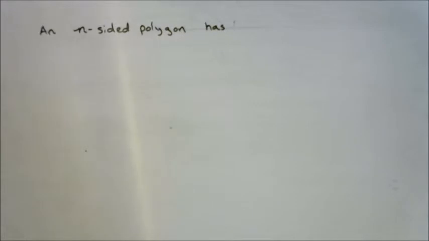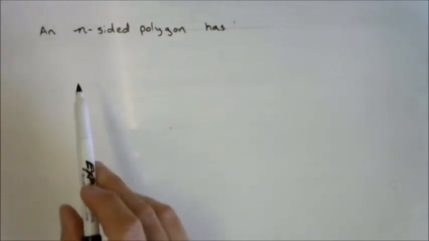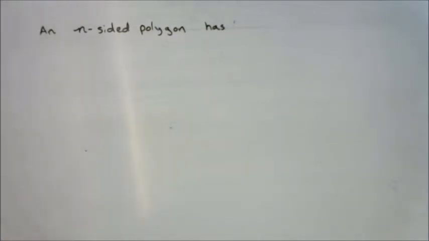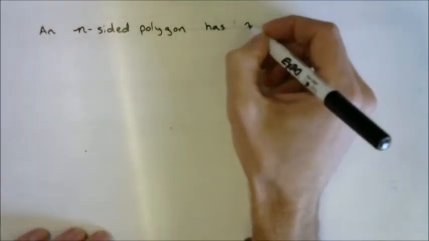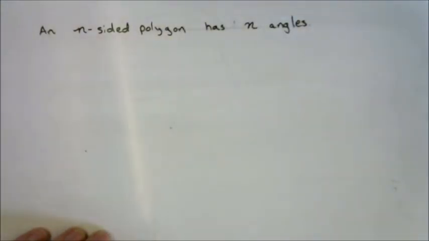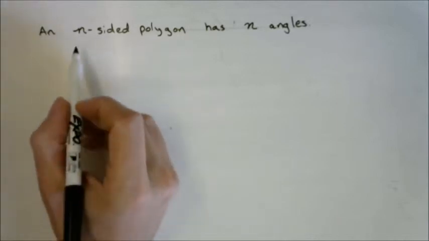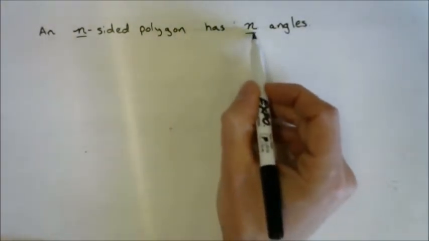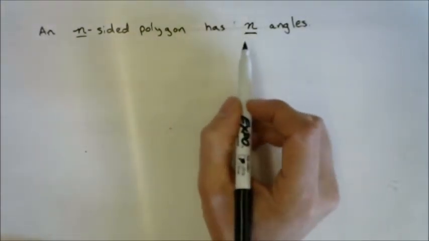If it had 4 sides, how many angles would it have? 4. This one has n sides. There are, therefore, how many angles? N angles. An n-sided polygon has n angles, just like a 3-sided polygon has 3 angles, and a 10-sided polygon has 10 angles. N is unknown at this point, but it's still going to have the same number of sides and angles.